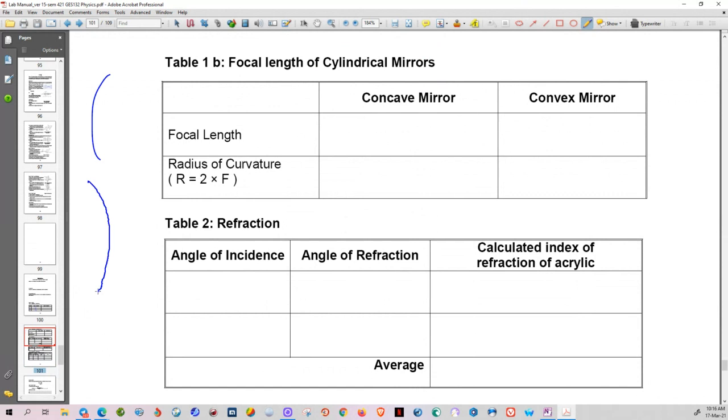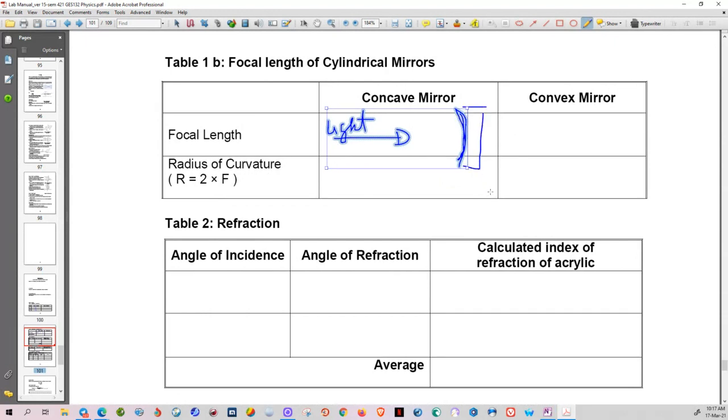And the curve can come in two directions, concave and convex. When we say concave, let's say the light is coming from the left, like this. That's the direction of the light. The reflecting surface is on the inside of the curve. You can remember it by saying wadi, concave mirror.